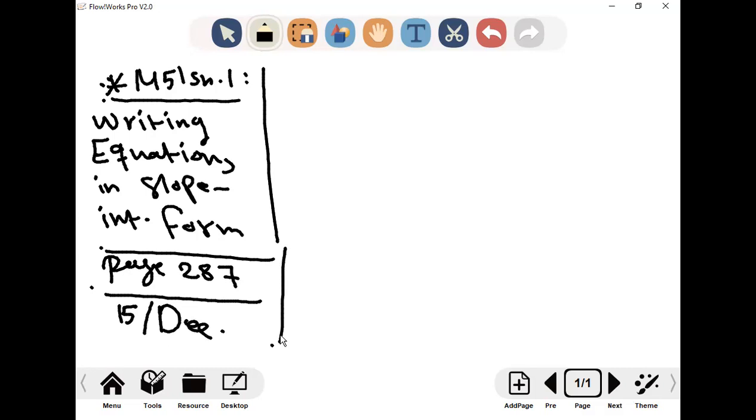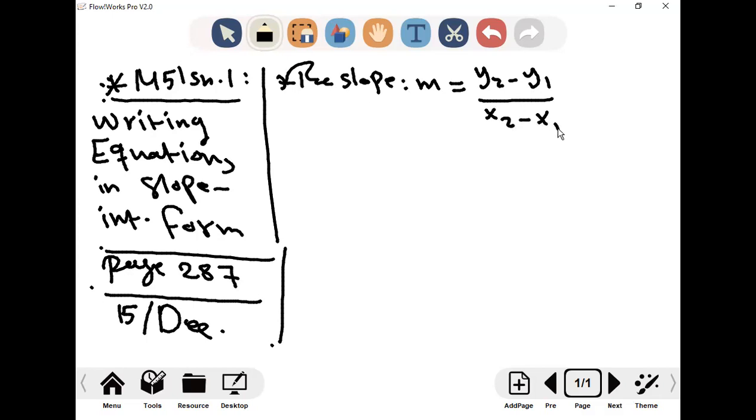So, let's remember a few things together. We took it before, right? First, the slope, usually we call it m, right? And it has a formula: y2 minus y1 over x2 minus x1. This is the formula of the slope. We can use it if we have 2 points.